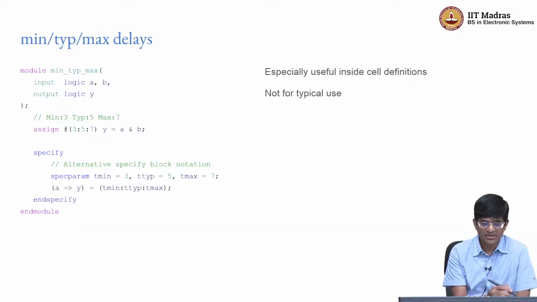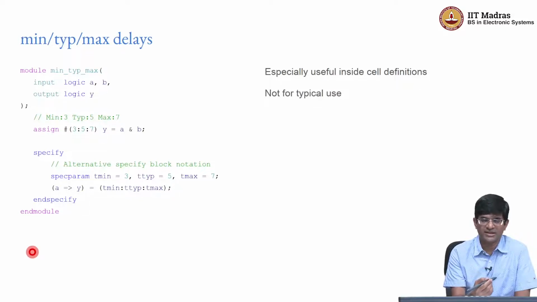A similar thing comes in, for example, what are called the minimum, typical, maximum delays. Even in FPGAs these are used, but these are more common in, for example, ASIC designs, application specific integrated circuits. And the reason for that is because when you finally synthesize and implement a circuit in hardware, it turns out that there are a lot of differences that come about due to various environmental conditions, right.